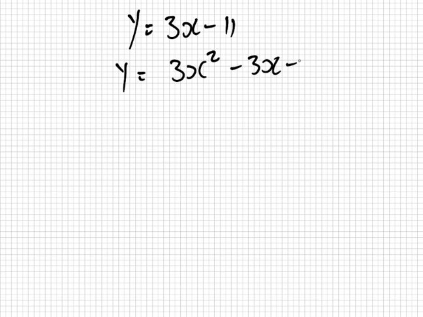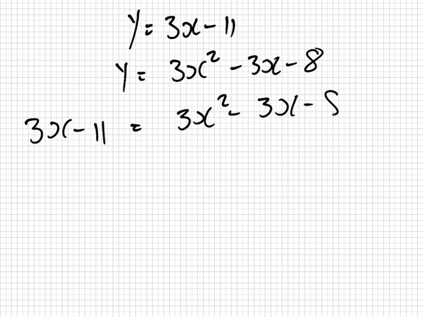So I have y equals 3x minus 11, and I have y equals 3x squared minus 3x minus 8. So I get 3x minus 11 equals 3x squared minus 3x minus 8. So I have 3x squared minus 6x plus 3 equals 0.